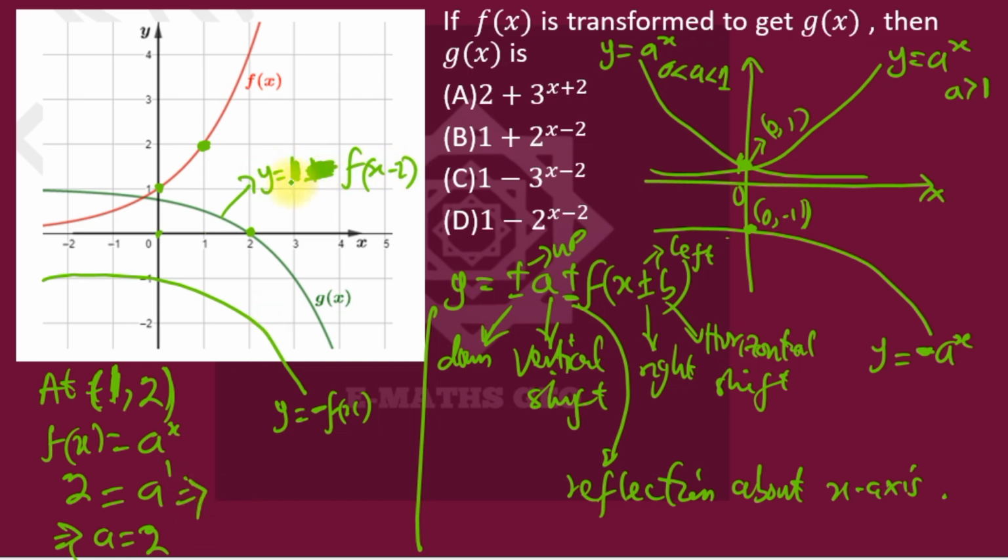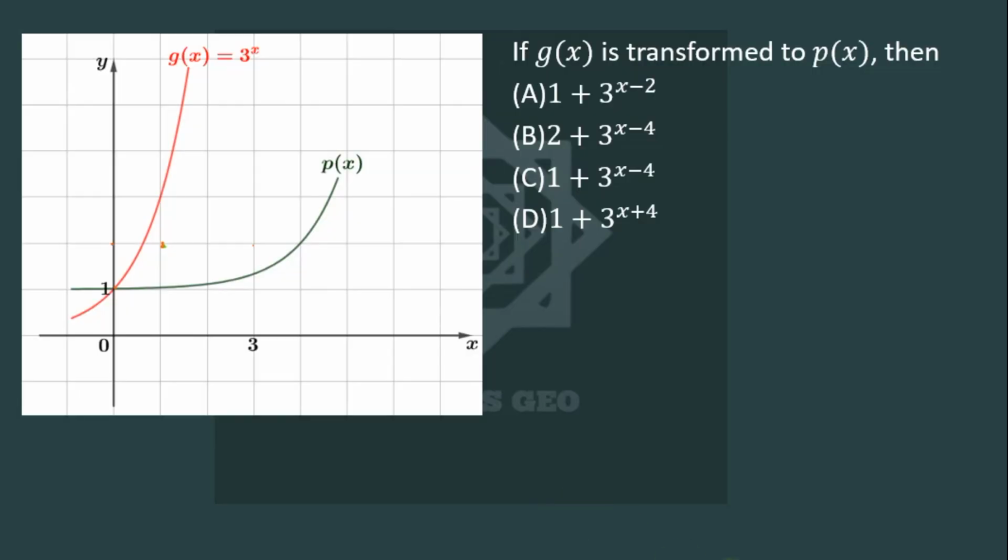Therefore, this g(x) we are looking for will now be 1 minus a raised to power x. And we've gotten a as 2, which is 1 minus 2 raised to power (x minus 2). So that is the answer. Our answer is option B. So it's a very tricky question.